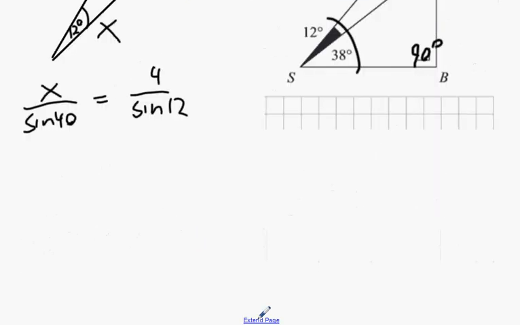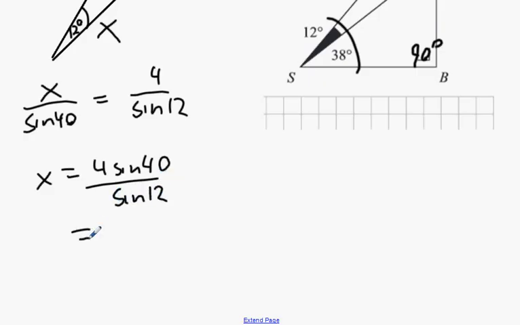And then what do we have next? X equals 4 sine 40 all over sine 12. And what you get? 12.37. Okay, 2 decimal places.